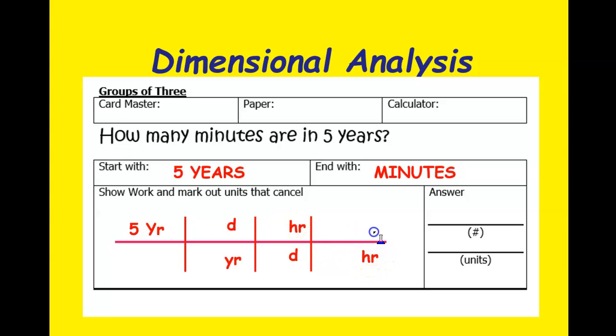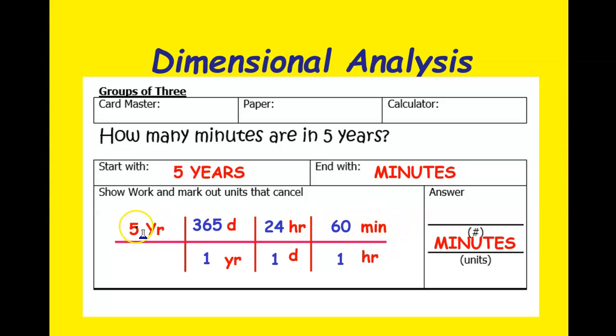I know that the hour is equal to minutes. Minutes is what I want. So now, after I have all my units in place, I just add the numbers based off of what my units are. Here I put my unit because this is my leftover unit: years cancel, days cancel, hours cancel, so minute is what's left over.